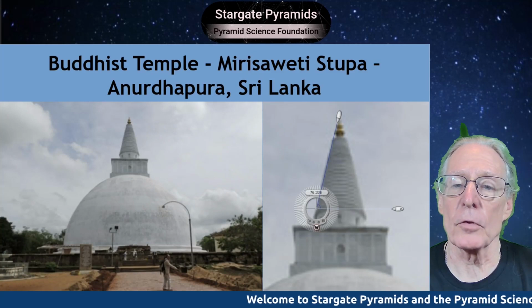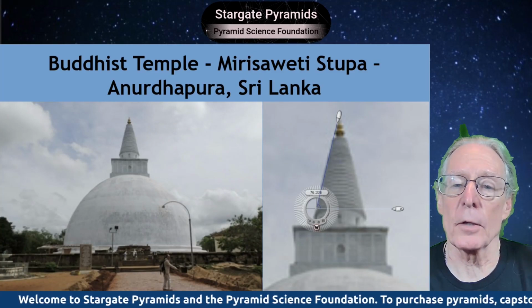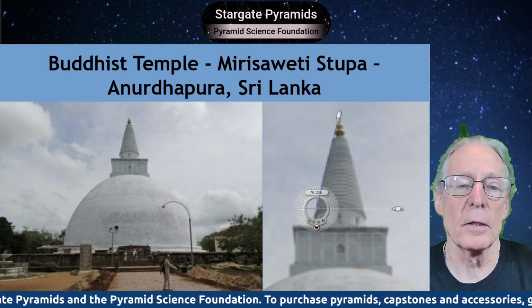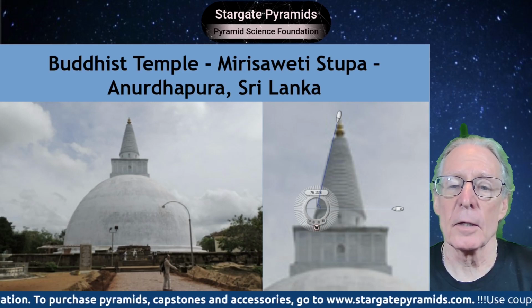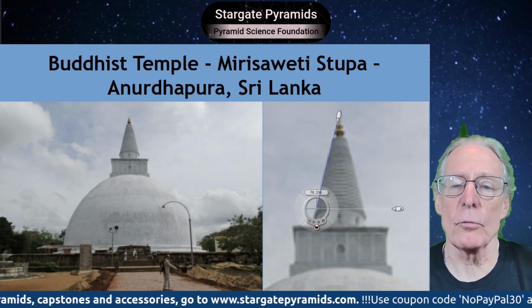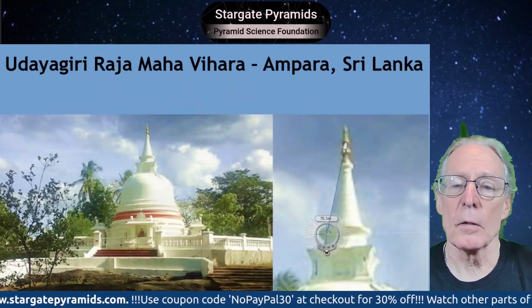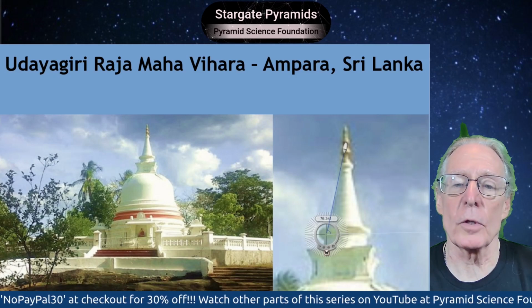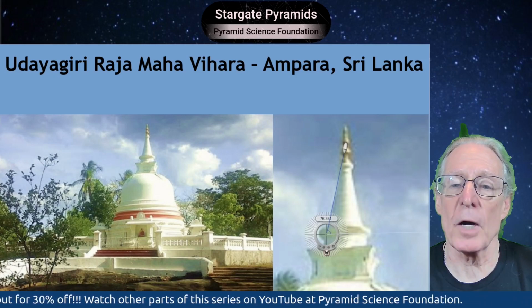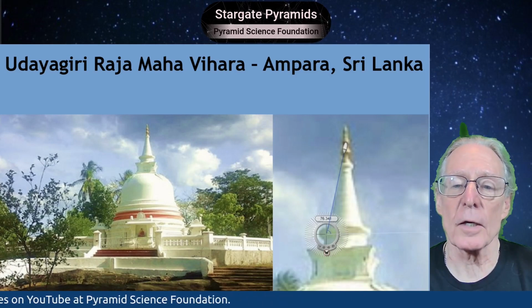Here's some more examples. This is the Miraswati Stupa in Anuradhapura, Sri Lanka. Same basic structure, the triangular 76-345 at the top and the hemispherical area at the bottom. Now this one is again from Sri Lanka, Udayagiri Rajamaha Vihara Temple in Ampara, Sri Lanka.